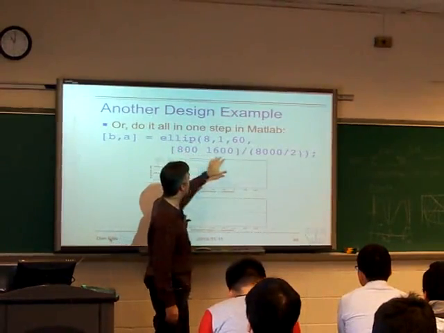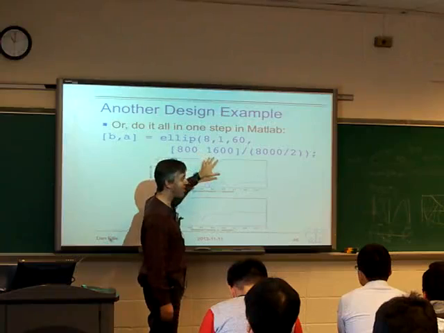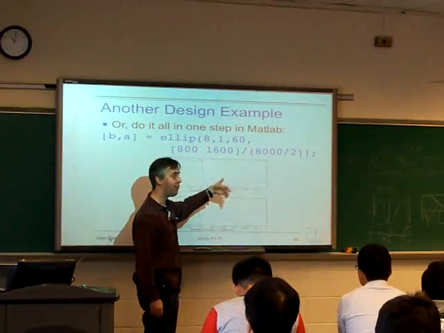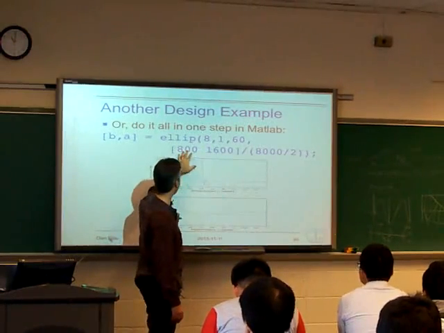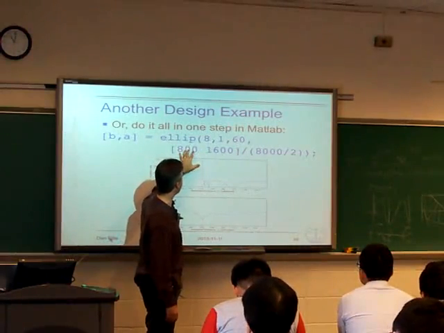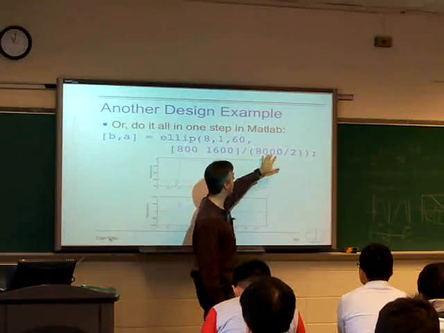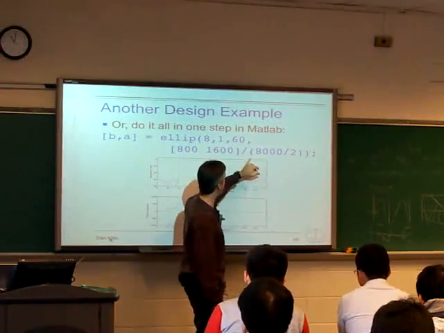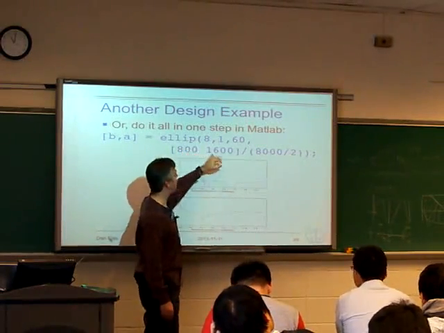And here, they're actually specified as normalized to be between 0 and 1, where 1 is the Nyquist rate. So here we just divide the original frequencies, 800 and 1600 hertz, by the Nyquist rate, which is 4000 hertz, the sampling rate on 2, to get 0.1 and 0.2.